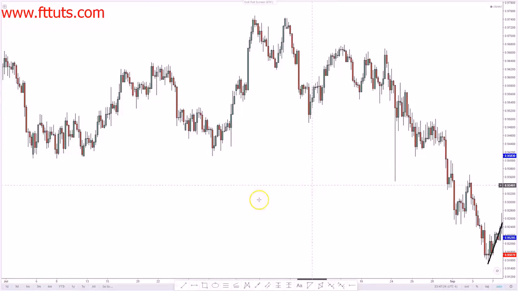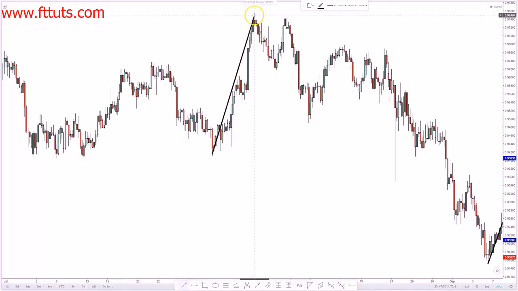So right here, I'll do a quick one. It breaks up, breaks back down, breaks up, retests the high, fails to break it, right?